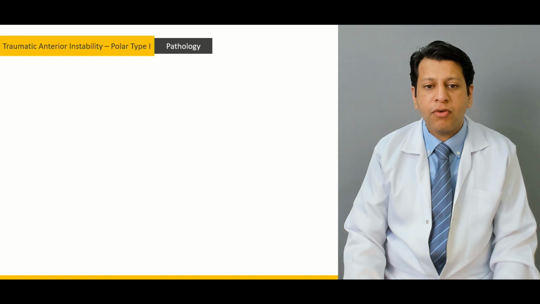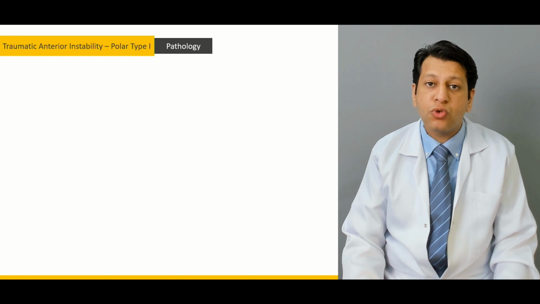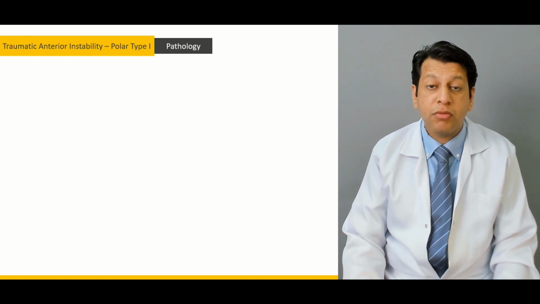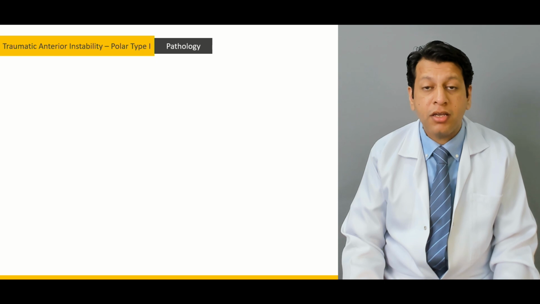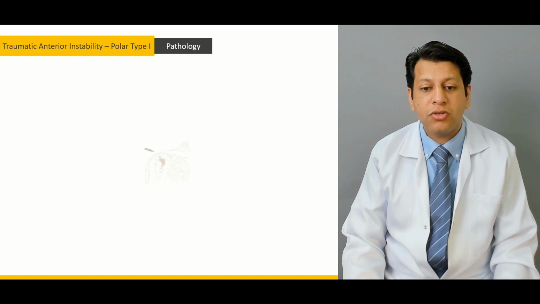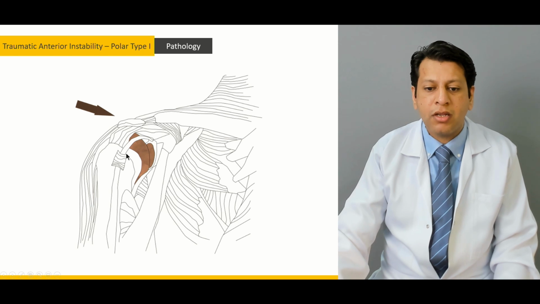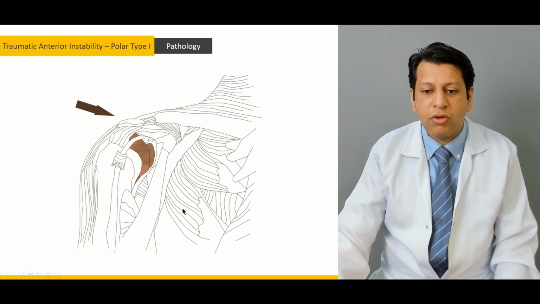Now briefly moving on to the first type, the acute type 1 injury, which was the traumatic structural injury, which produces an anterior instability. How does it produce anterior instability? By a trauma which produces anterior dislocation. In this patient a trauma occurred and there was acute dislocation.